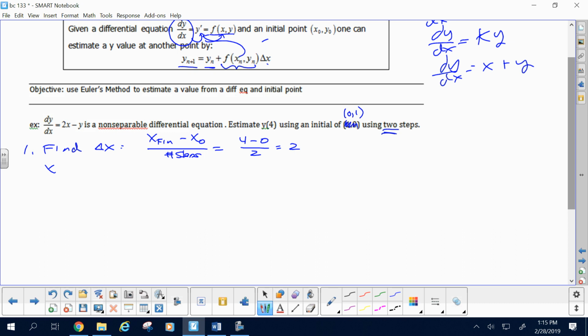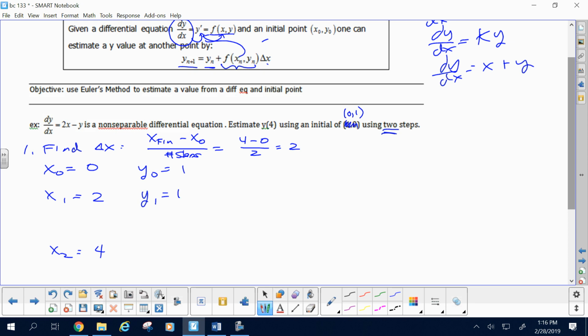That then tells me that if the x initial is 0, then x1 is 2 and x2 is 4, our destination. All right. Now, I didn't leave myself any room for the initial because you don't need any. It's given. X initial is 0, y initial is 1. You do need room for the previous or the subsequent y's.